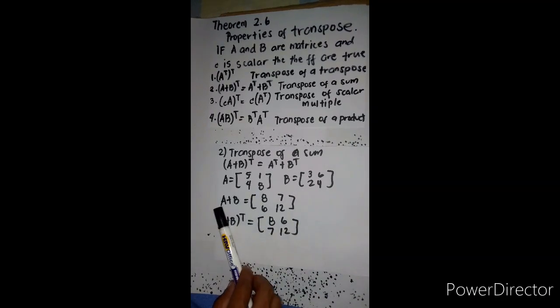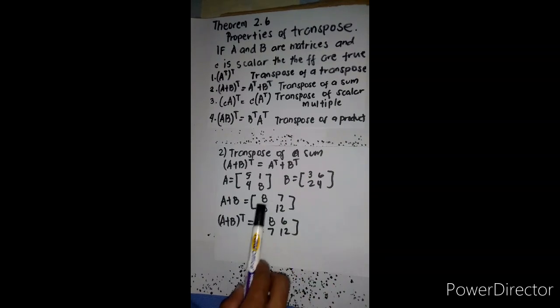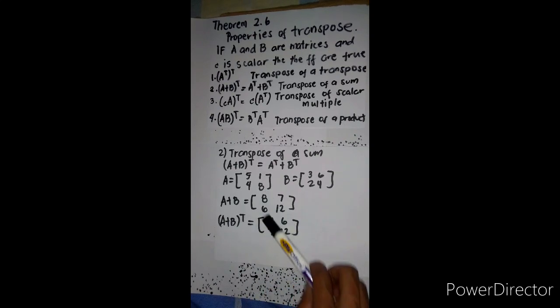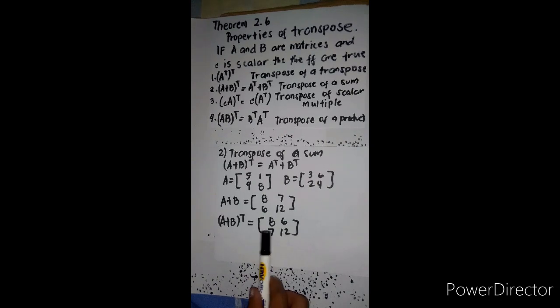So we have a value of A plus B, but we need a value of A plus B transpose. For this matrix, we write this column into a row to get A plus B transpose. So we have 8, 6, 7, and 12. So we have a value of A plus B transpose.